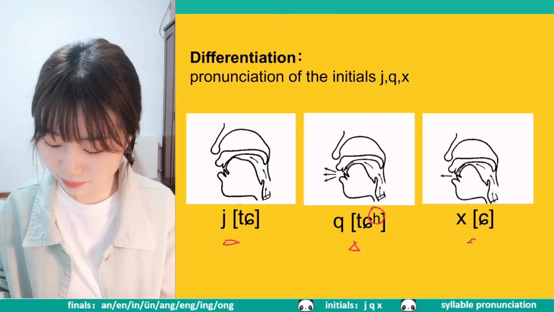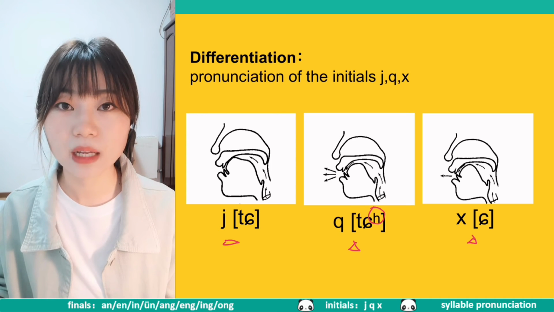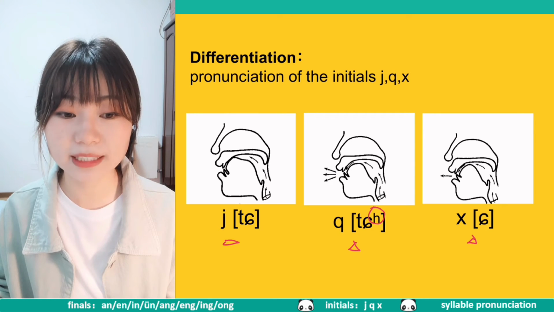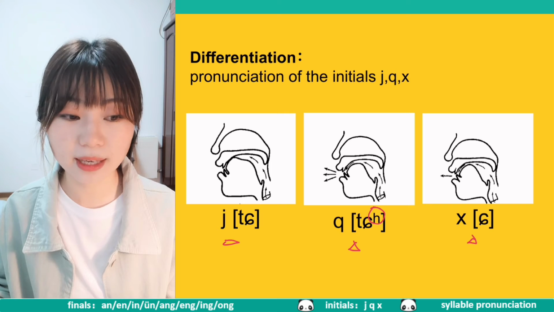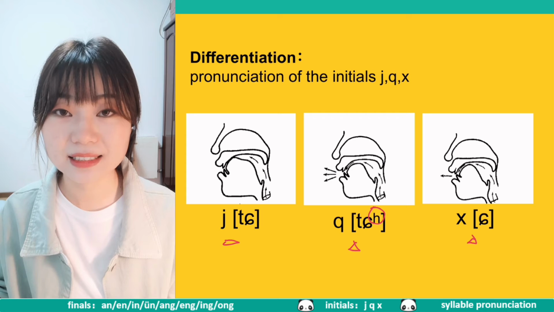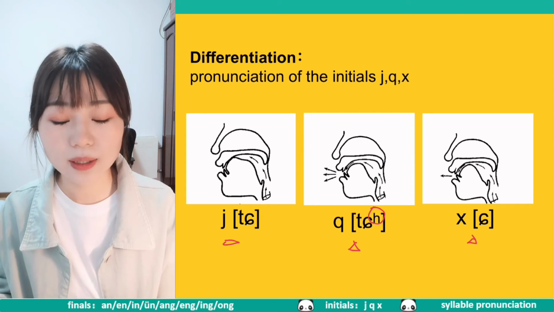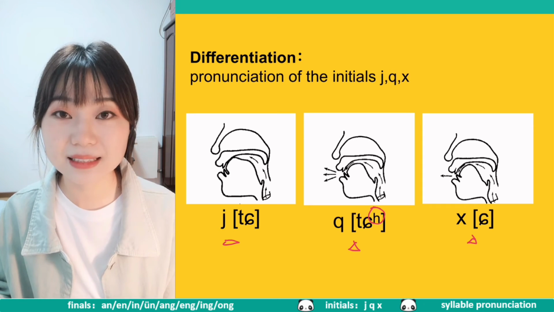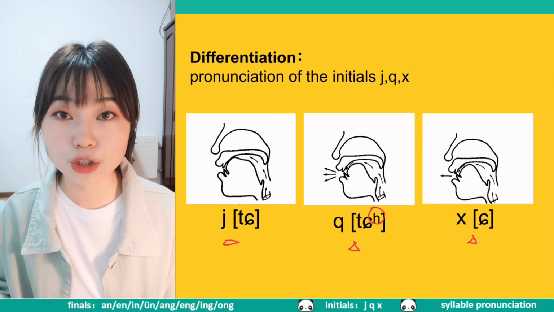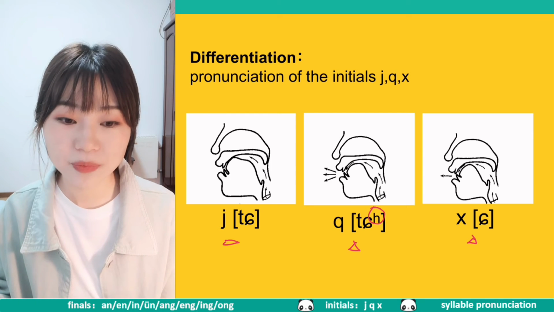And the next, the surface of the tongue approaches the hard palate without reaching it, leaving a gap in between, and still the tongue tip touches the lower teeth. Well, it's the same as the difference of z and c, s, which we've learned in last class.